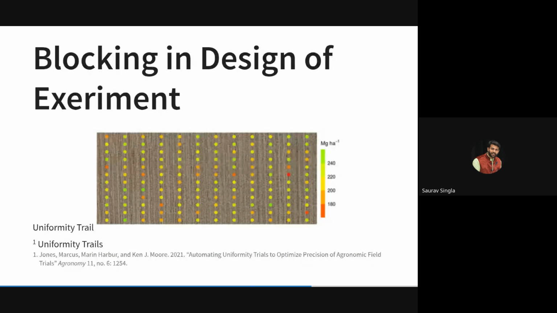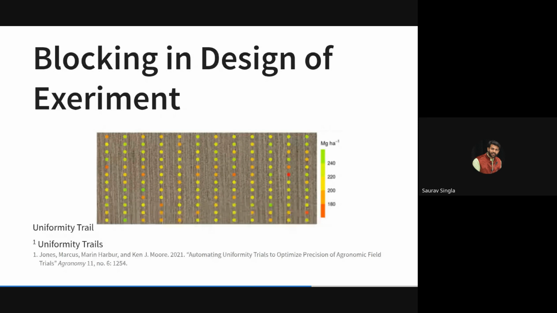Maybe in some specific plot, a small insect might be there, which is impacting. That insect is not spreading in the whole field, but it is impacting in that small area only.